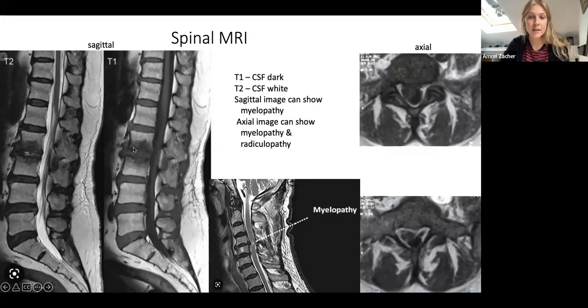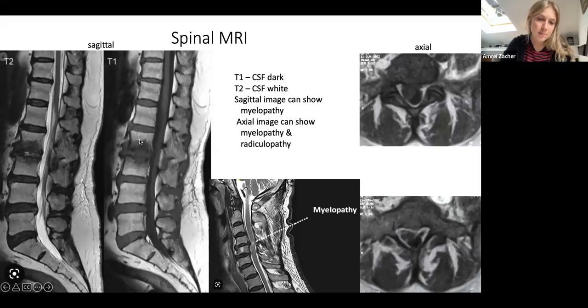Then the sagittal image here can show you myelopathy really, really well. So you can see it here on the picture below. Myelopathy is seen if, first of all, you see that there's something bulging into the spinal canal, but also if you have an MRI with contrast medium, myelopathy would absorb that contrast medium, as you can see it here, and it looks really, really bright.